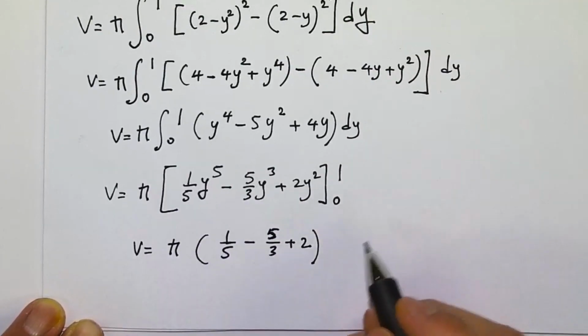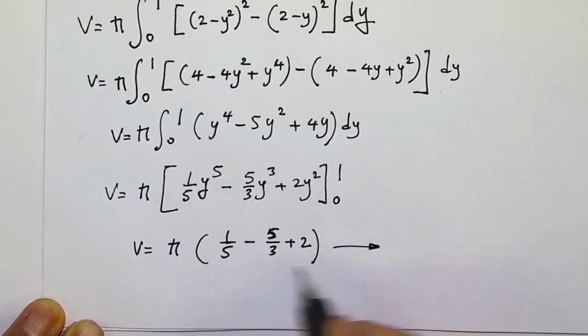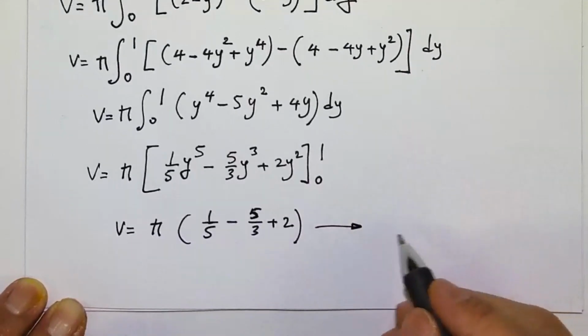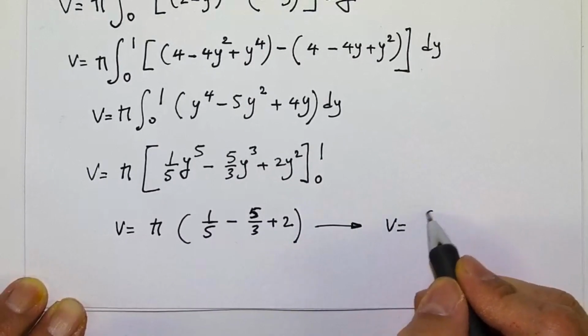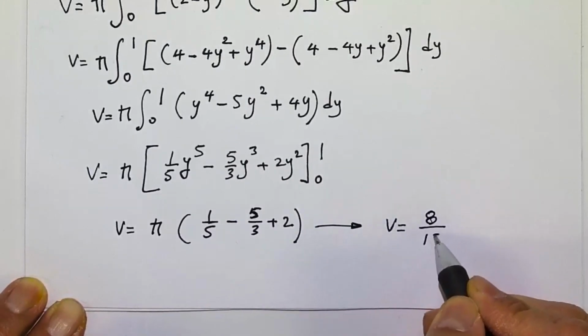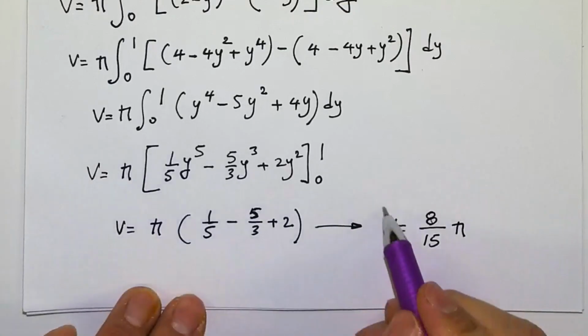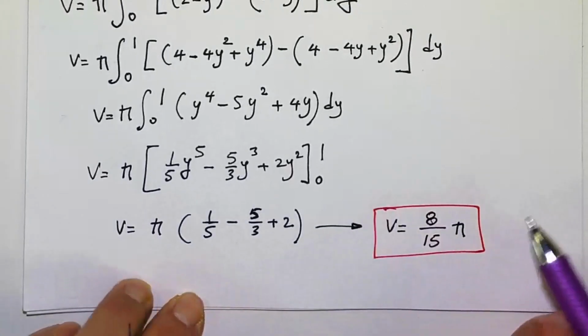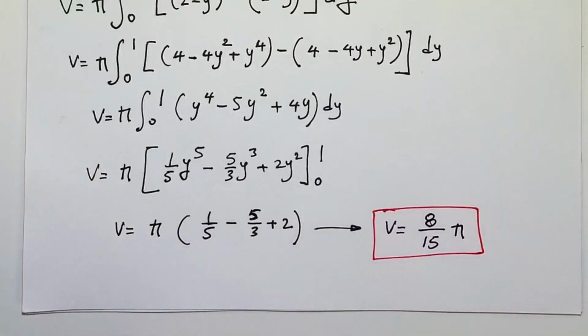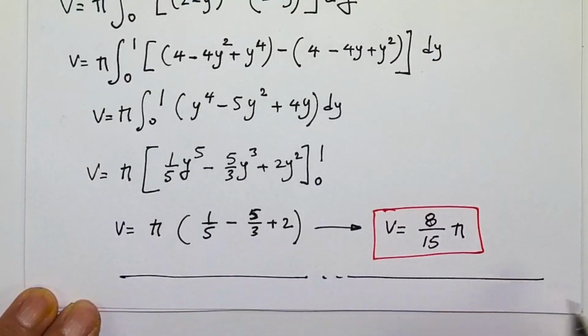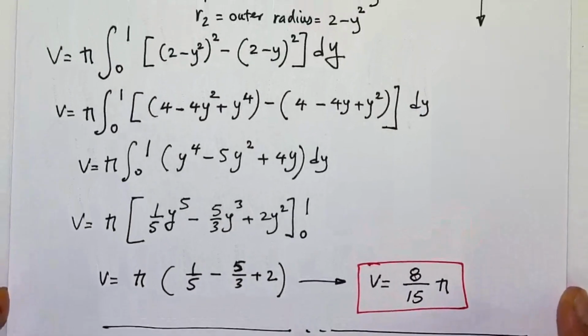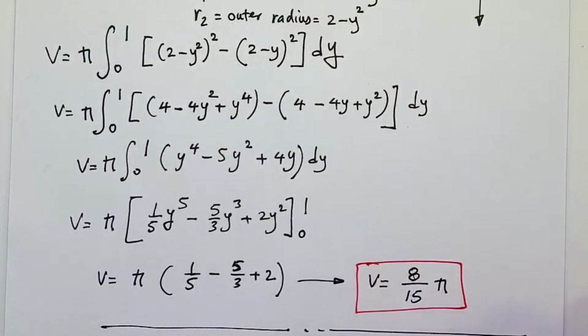After taking the common denominator and simplifying, I have 8/15 pi. So there's that volume. I hope these are helpful in making sure that you know how this procedure works.